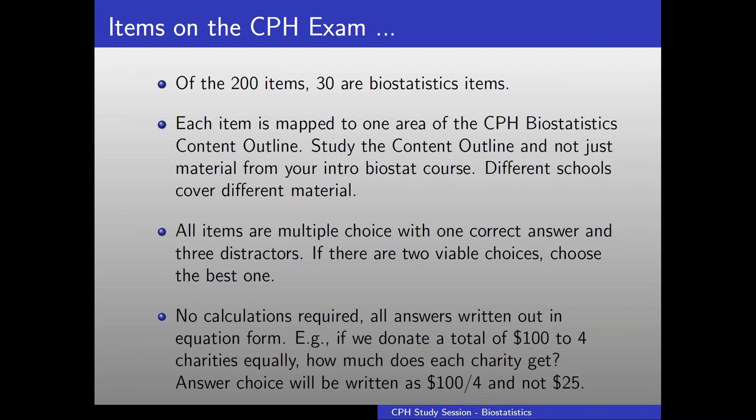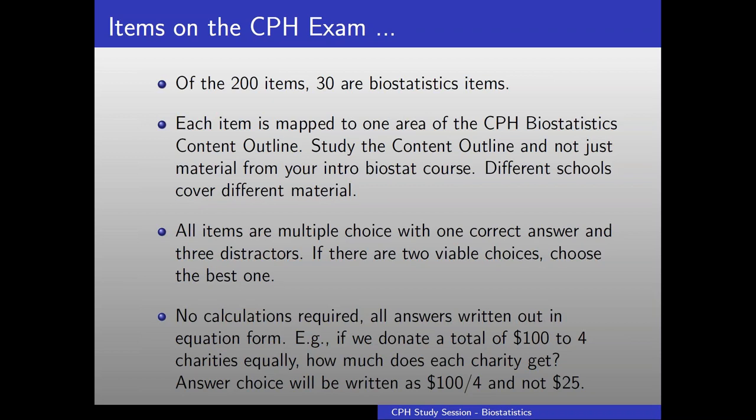But technically speaking, there are 30 biostatistics items on the exam. Each item is mapped to one and only one content area of the CPH biostatistics content outline, so any question on the exam should be linked to a content outline area.